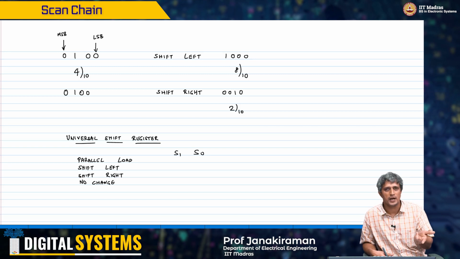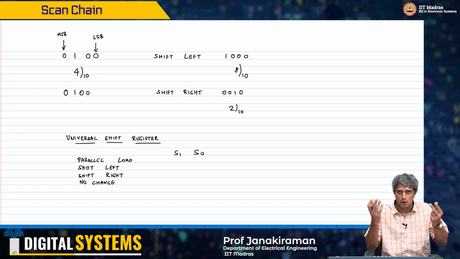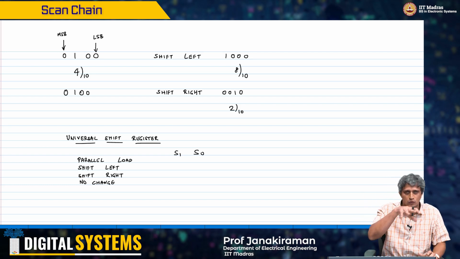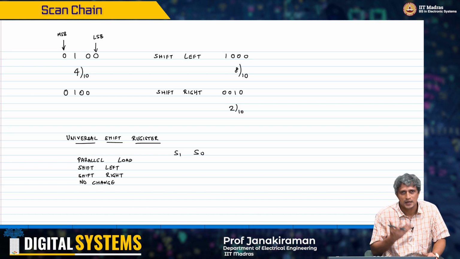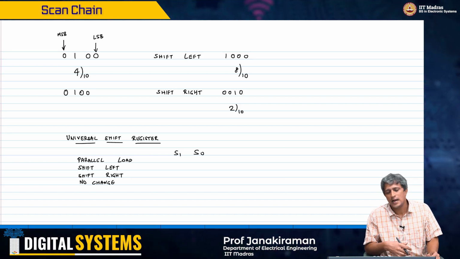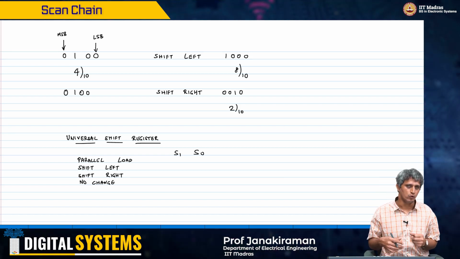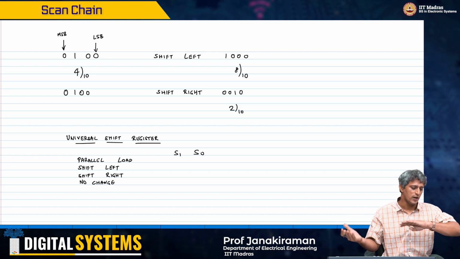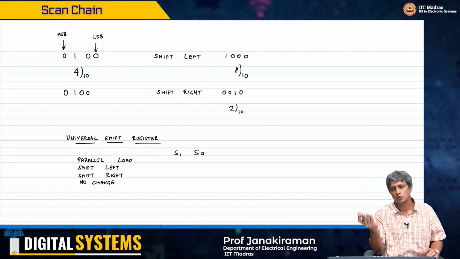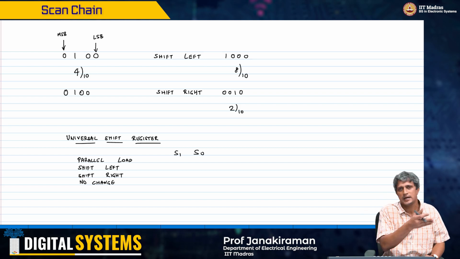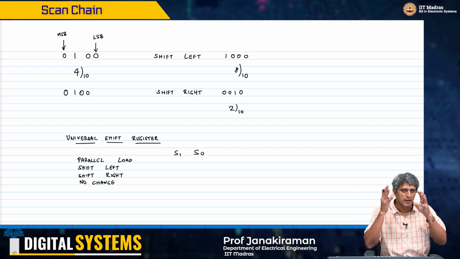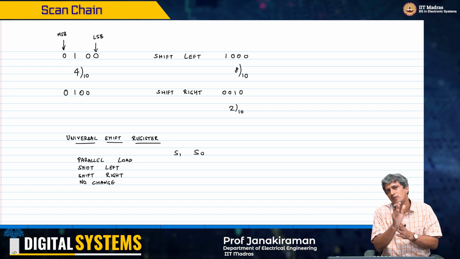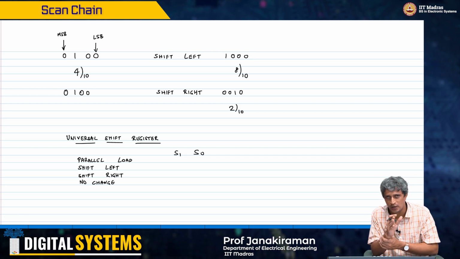Now we need 2 select lines, and therefore to switch between these 4 options, you need a 4:1 multiplexer at the input to these flops. Effectively you are going to choose between Q3, Q2, Q1, Q0, whether you are going to shift in that direction or in the other, and the inputs to these multiplexers will be appropriately given.